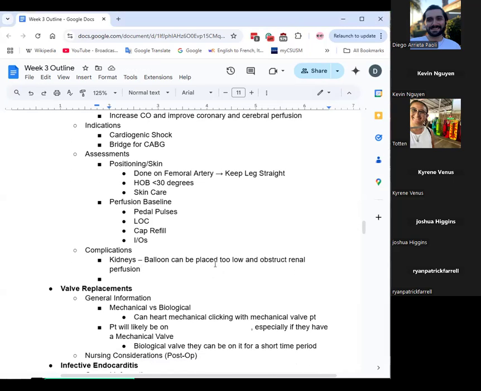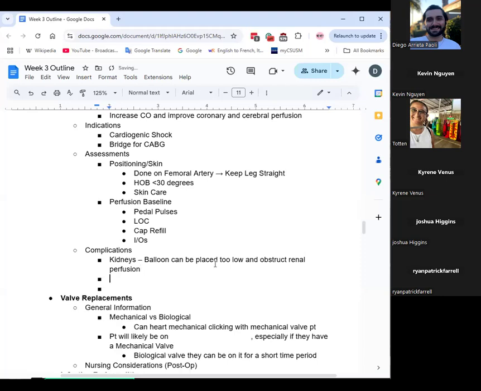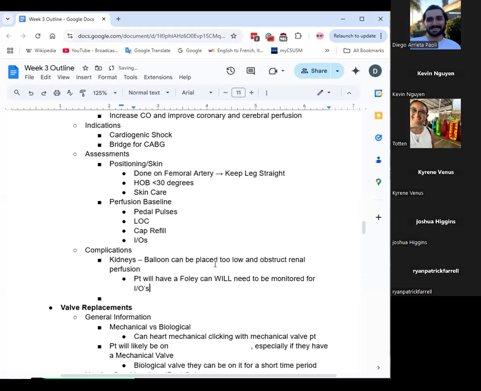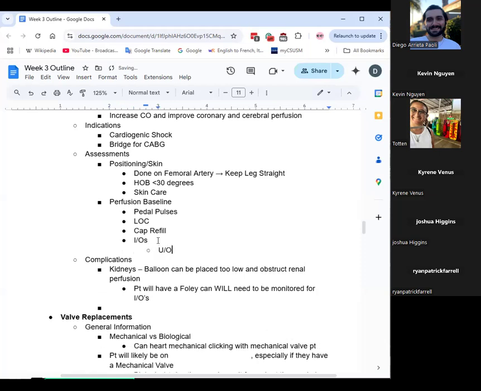The patients will have a Foley catheter and will need to be monitored. Specifically, their urine output should be at least 0.5 to 1 mL per kilogram per hour. That is very true. What else could happen from the constant inflation and deflation?